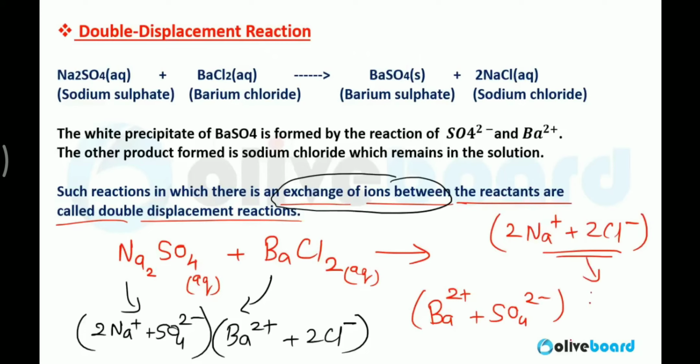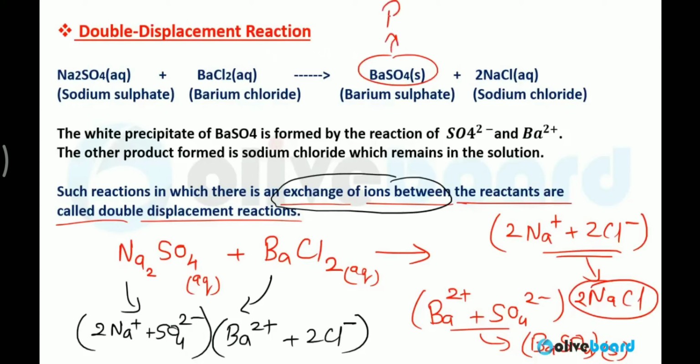So it will form NaCl, that is salt, sodium chloride, two molecules of NaCl, and this will form barium sulfate in solid state, which means you will get barium sulfate in precipitate form.